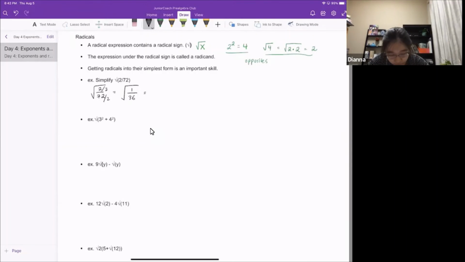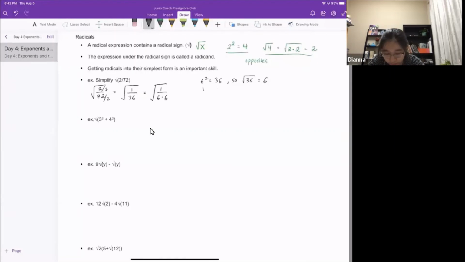Hopefully you know that 36 is just 6 times 6, and the square root of 36 is just one of these 6s. Because 6 squared is 36, so the square root of 36 equals 6.